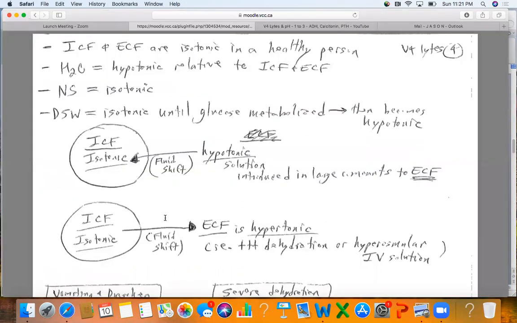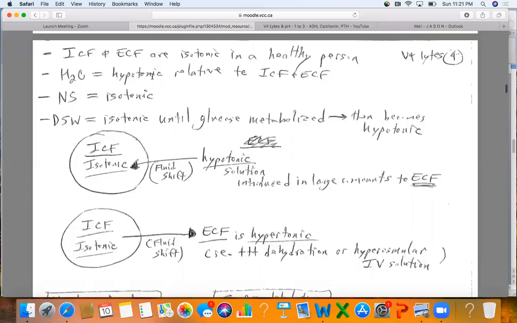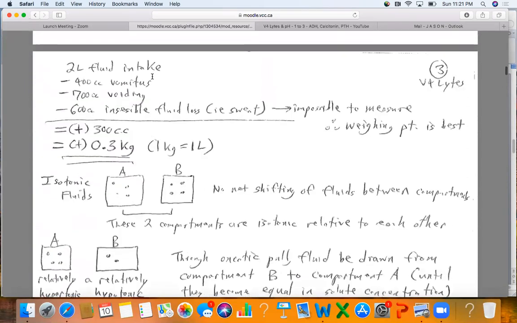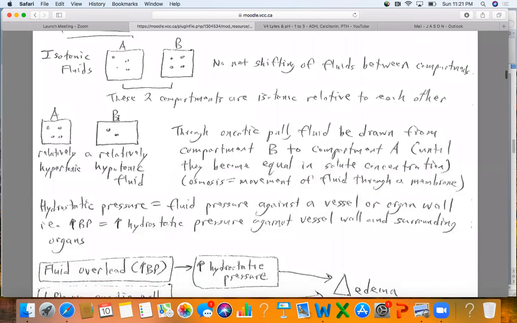Map 4 tells us straight off the bat that water is hypotonic. Now remember, hypotonic relative to what? If we look at these two squares, which one represents the body and which one represents water that we drink?